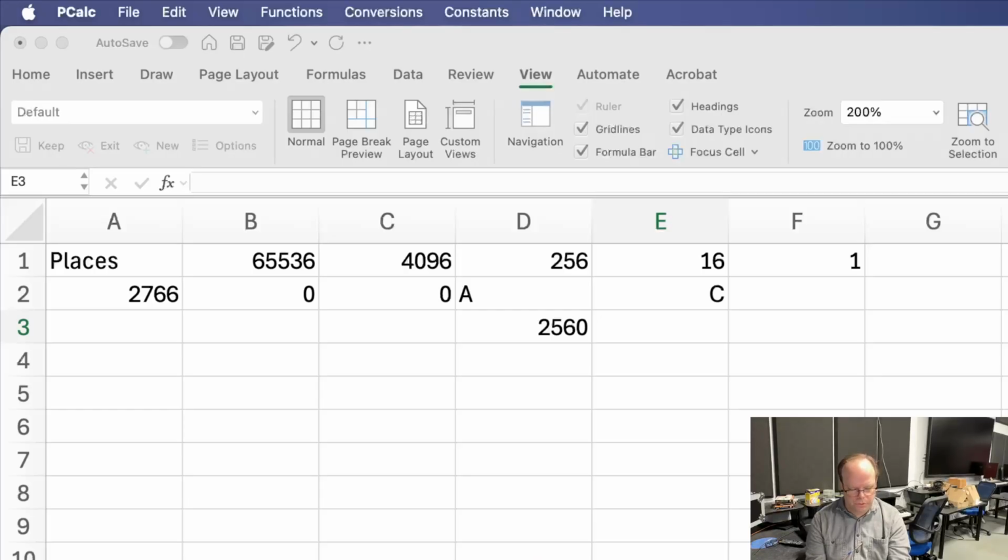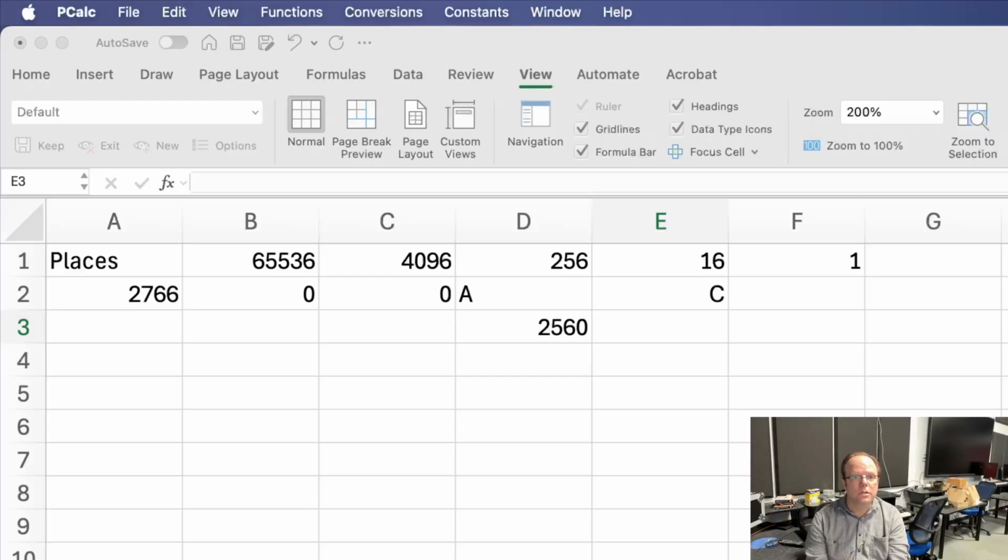So we're looking for 2,766, right? We can't fit any 4,096s in that, so that's why we did a 0 on that. But we can fit 256 into there. How many 256s can we fit in there?